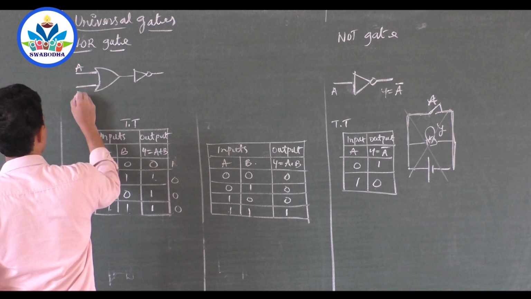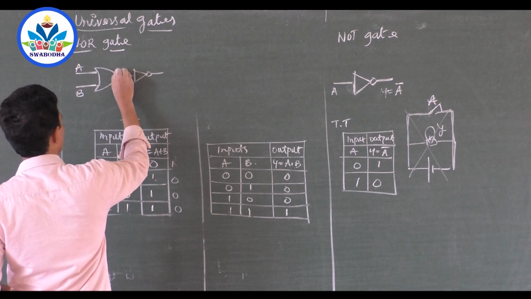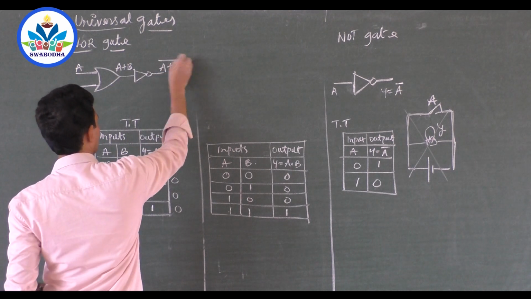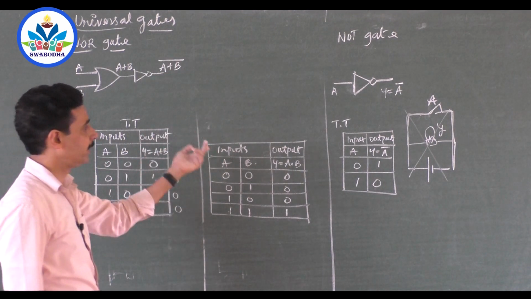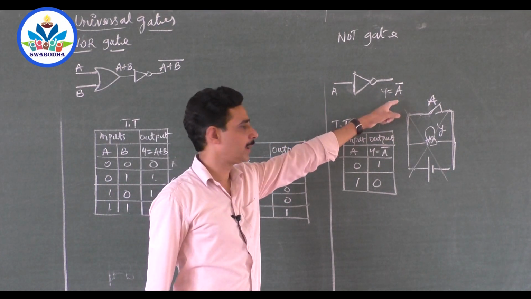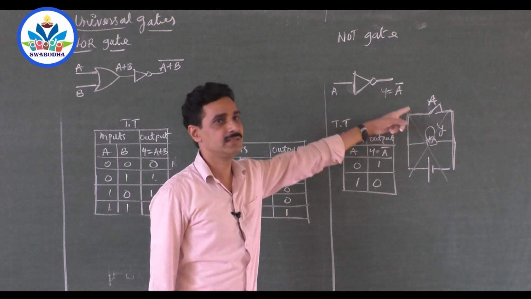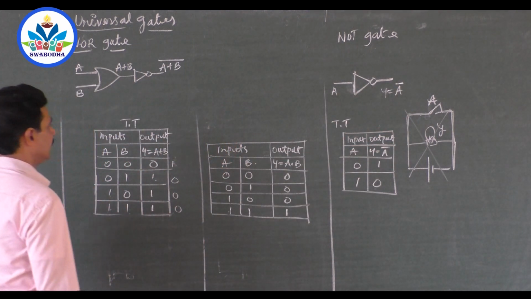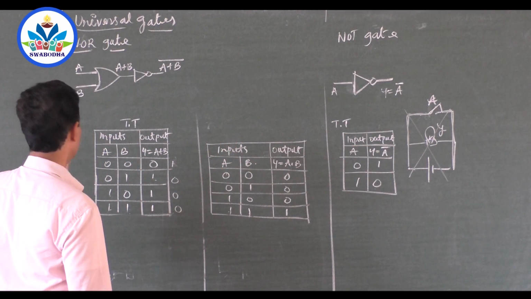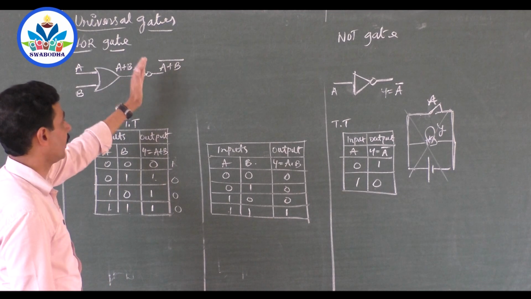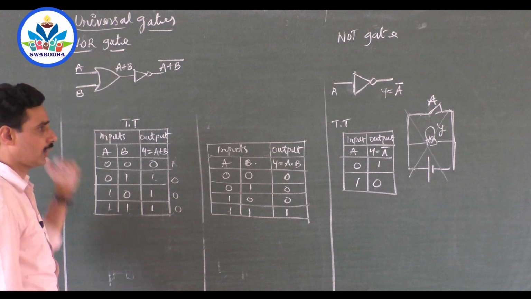If this is A, this is B, and this is A or B, here we get A or B bar, isn't it? It is a complement. If this is the A input, this is A bar. That means if this is 0, this is 1. If this is 1, this is 0. Similarly, it is complemented. So if the output of an OR gate is connected to a NOT gate, the resulting logic circuit is called a NOR gate.